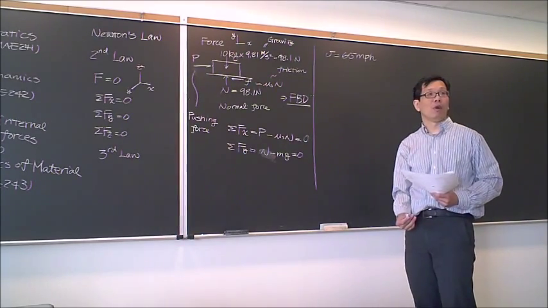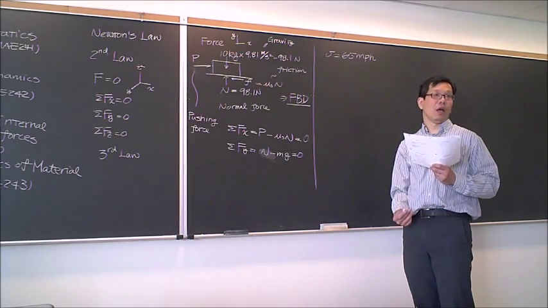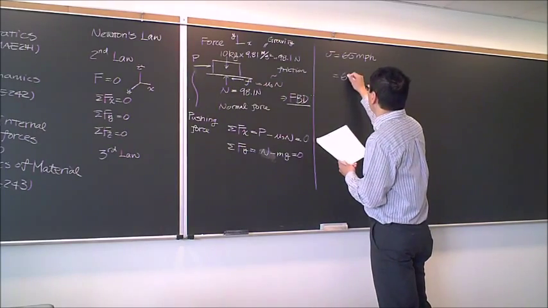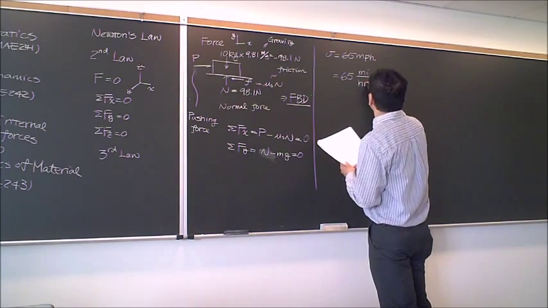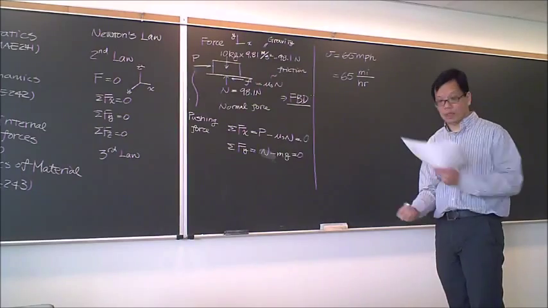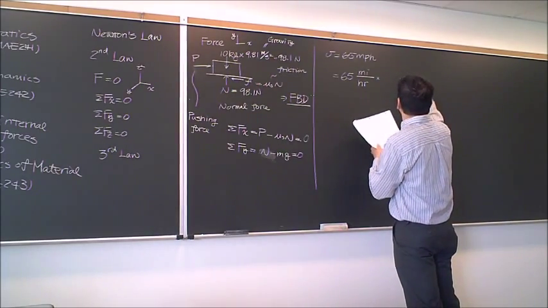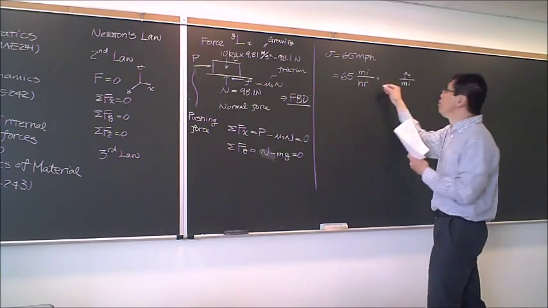Now, I want you to convert this thing in terms of feet per second. How are you going to do that? Okay, so 65 mph is 65 mile per hour. And we know 1 mile is 5,280 feet.